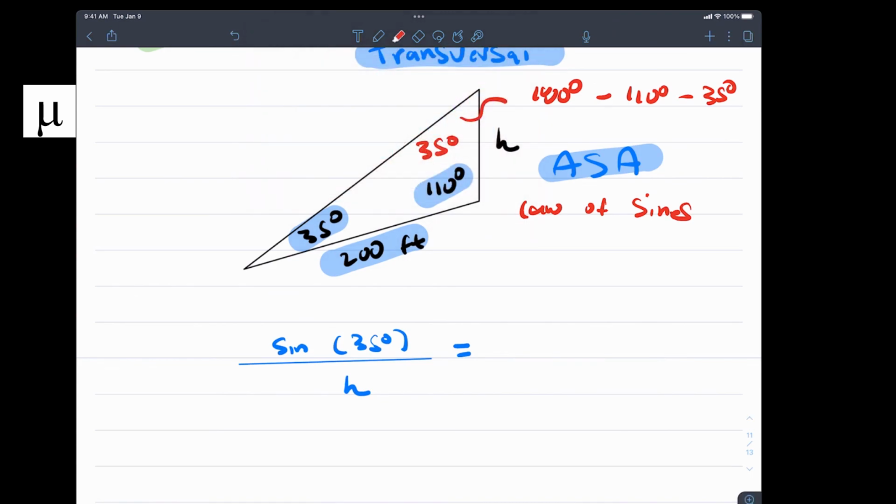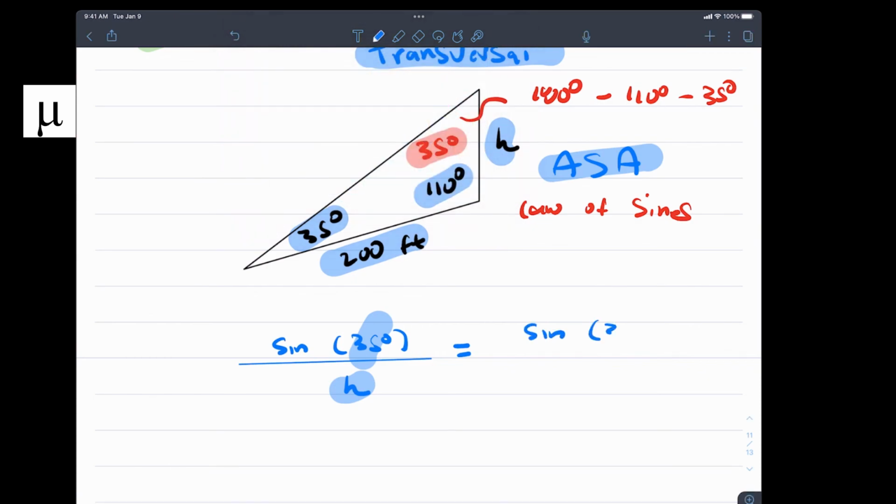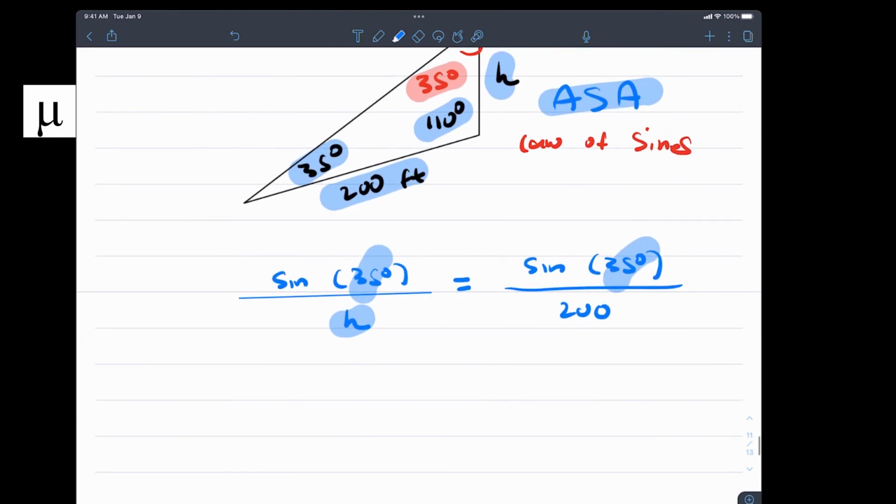That's another 35. So now you have sine of 35 over 200 equals sine of 35 over H. Now, I don't even have to do any calculations here. You know what this is going to mean, ladies and gentlemen, just by default? H has to be 200, right?